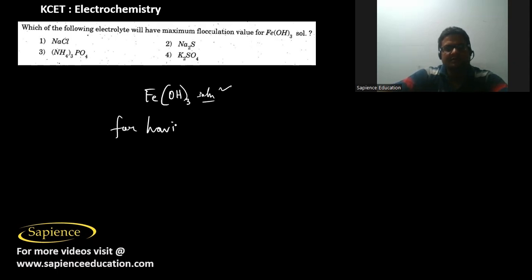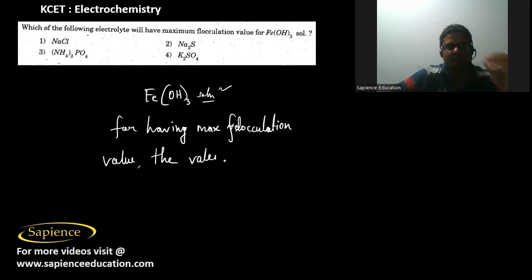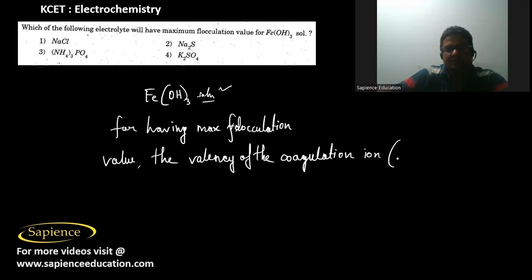The rule is that for maximum flocculation value, the valency of the coagulating ion, that is the anion, should be the least. Why?